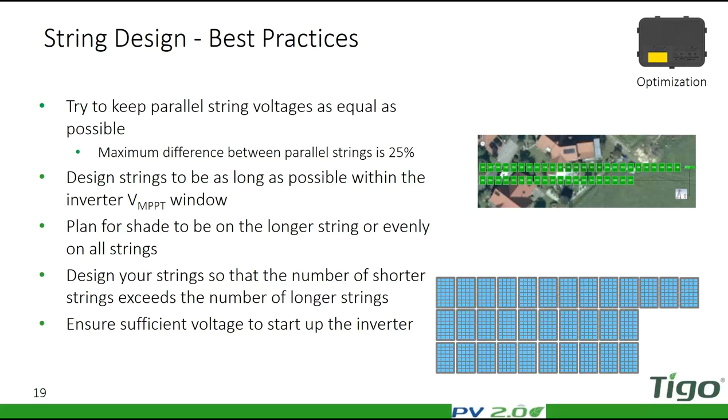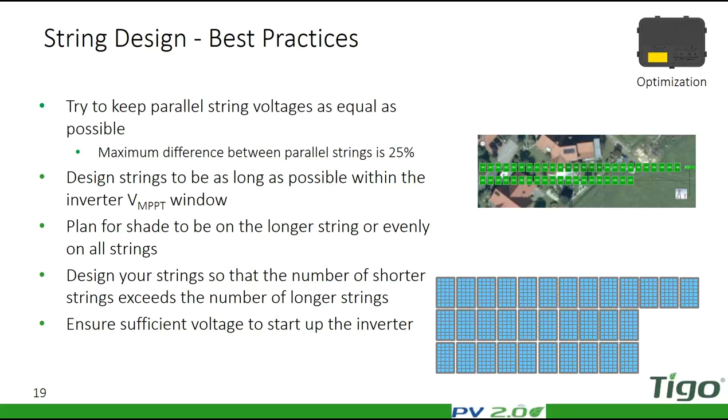That's basically because what Tigo does when it optimizes, in many cases, is that the voltage drops a bit relative to how shaded the panel is or how much we actually need to optimize. So the voltage drops just slightly, and therefore we always recommend you design your strings as long as possible to avoid situations where for some reason the voltage drops a bit too low, especially at high temperatures.